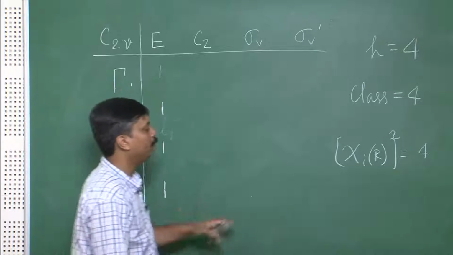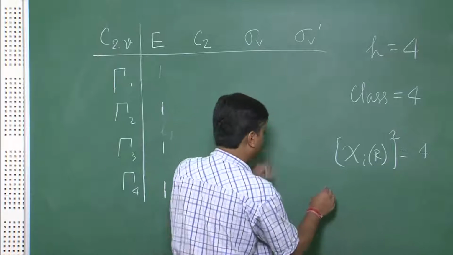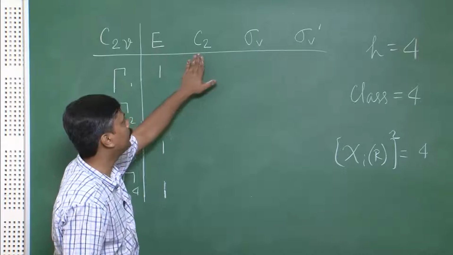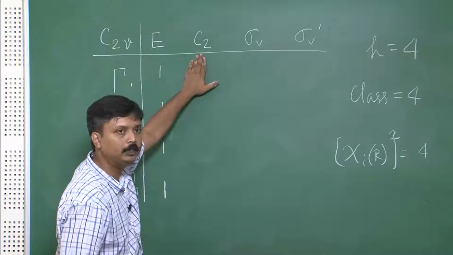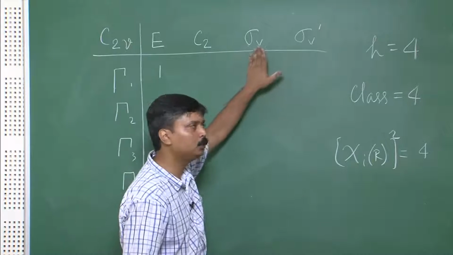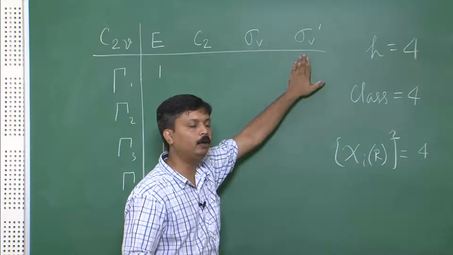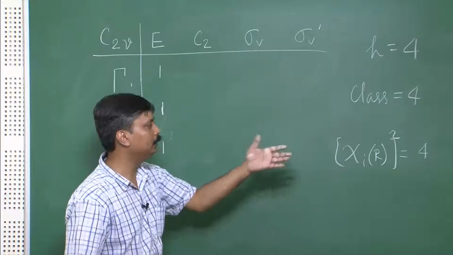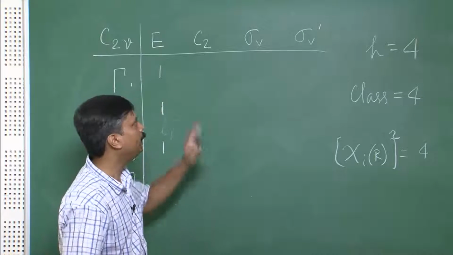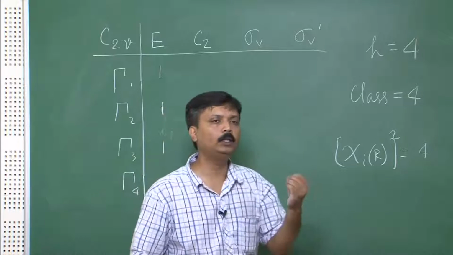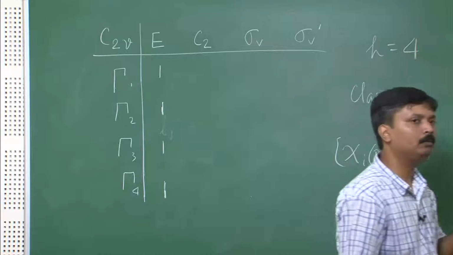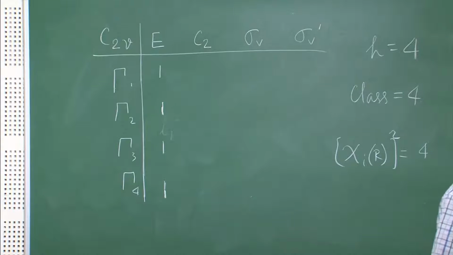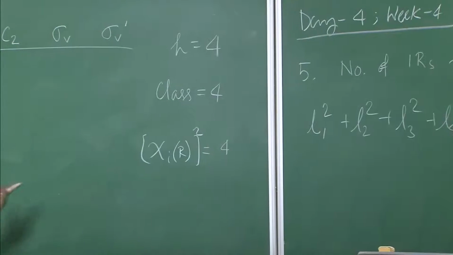Therefore, what I have then is chi of E square plus chi of C2 square plus chi of sigma v square plus chi of sigma v prime square equals 4. Again, as I already said, all these characters can be plus or minus 1 by definition, because it is a one dimensional matrix representation.